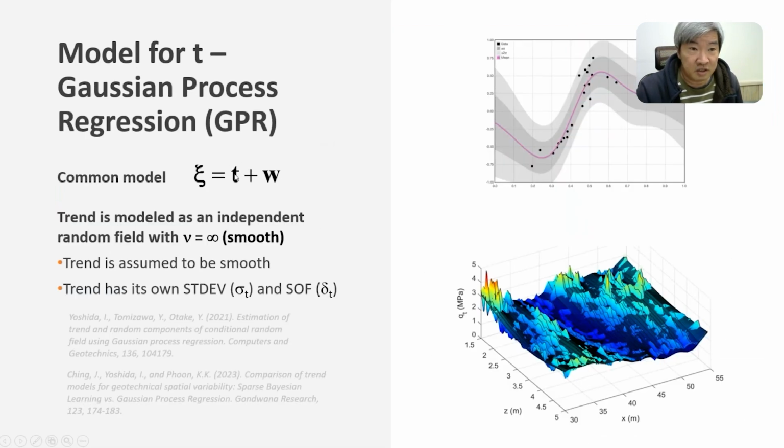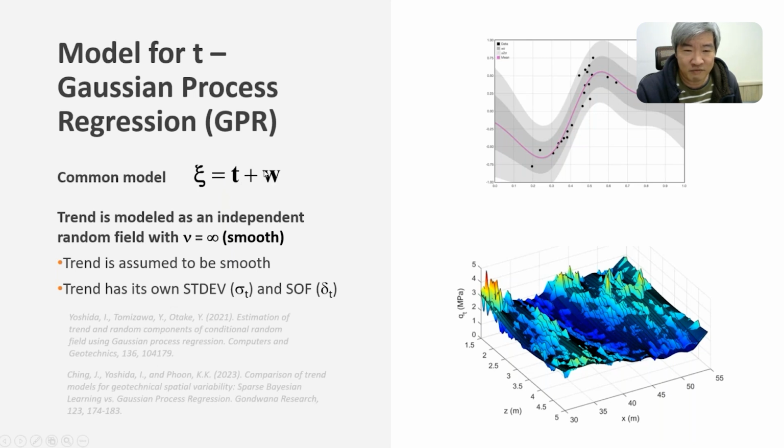For the trend part, we also adopt the so-called Gaussian process regression model. It is actually also a random field model. It is an independent random field. So this model is kind of interesting. We assume that the total data consists of a trend part and the spatial variability part.